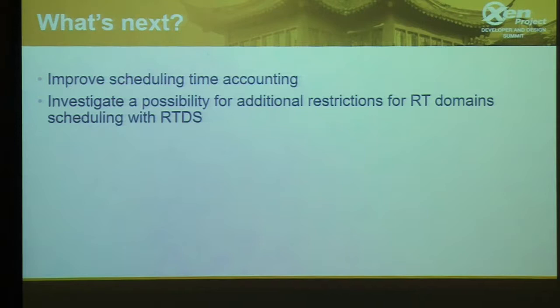Also, investigate possible additional restrictions for RT domain scheduling with RTDS. I mean, maybe for running some critical domains, when some CPU runs a vCPU from a critical domain, interrupts from other domains should be blocked, masked.